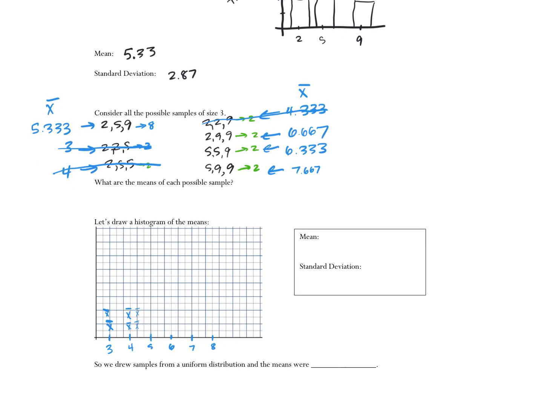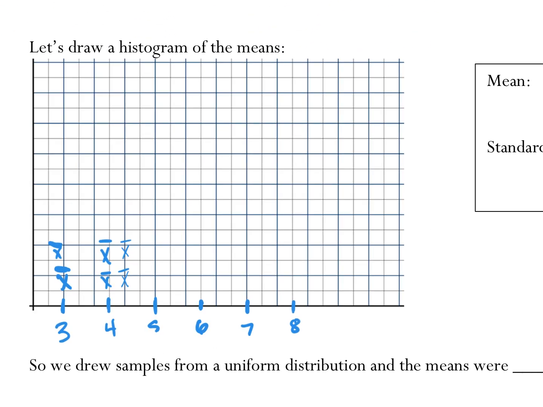Next one, we have 5.33. And how many different ways did that happen? 8.